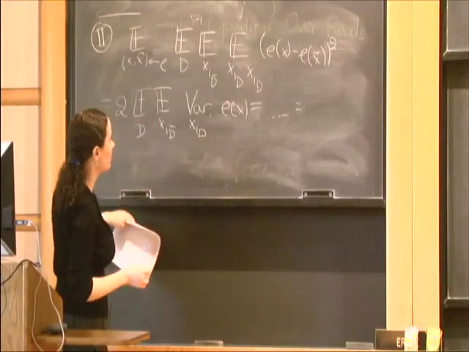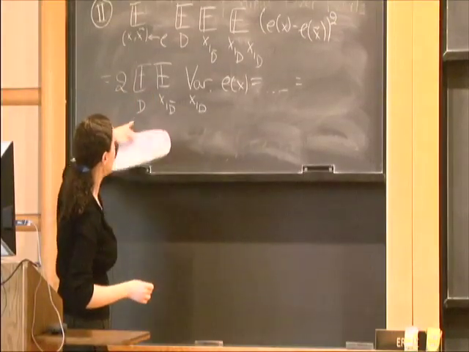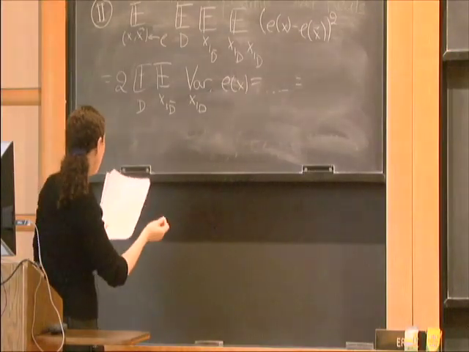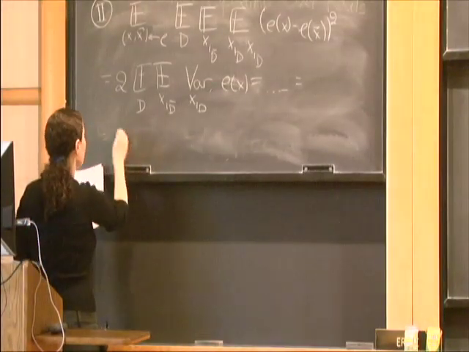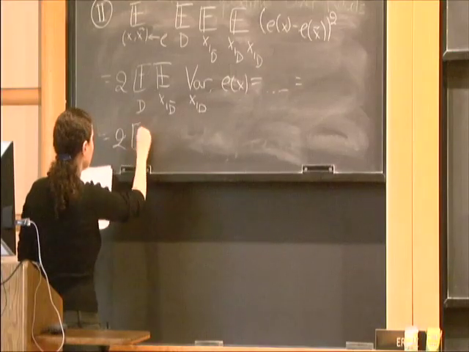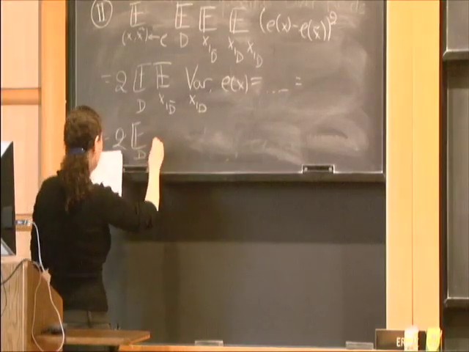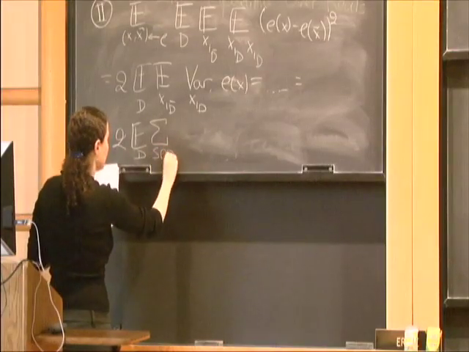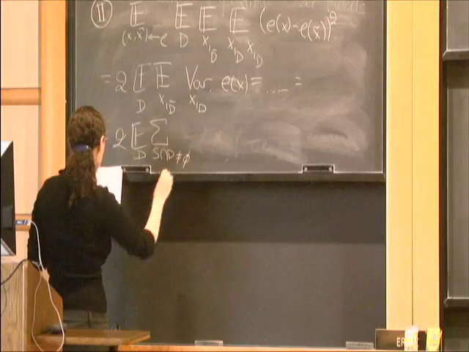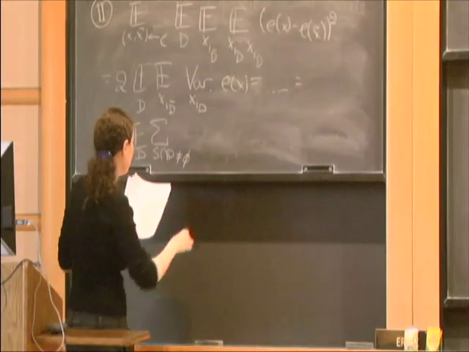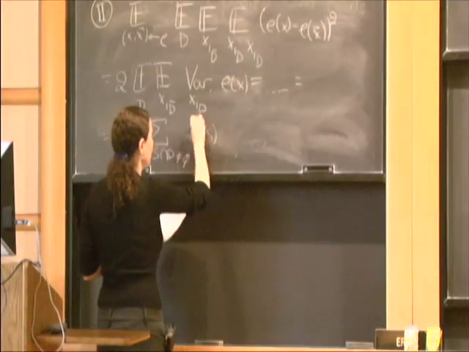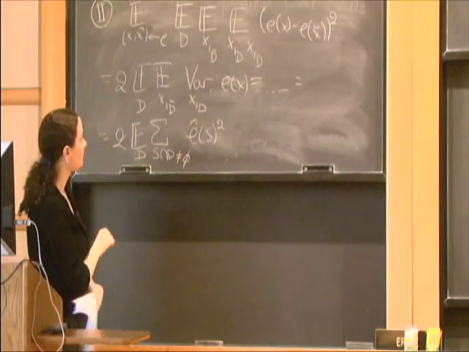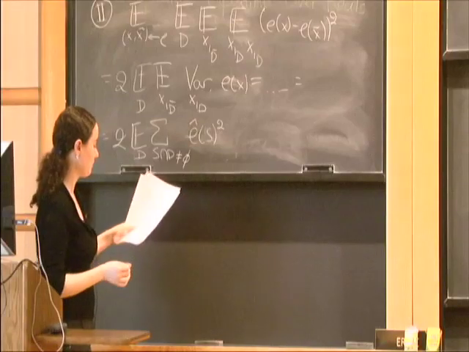Now, you can use influences of sets over functions, or you can just expand it. You see that this is twice the expectation over the sum of all S's, where the intersection with D is non-empty, of E_S squared.